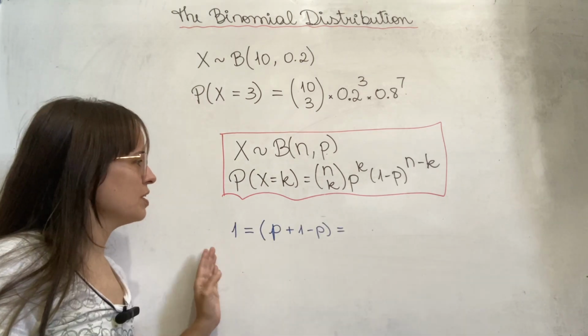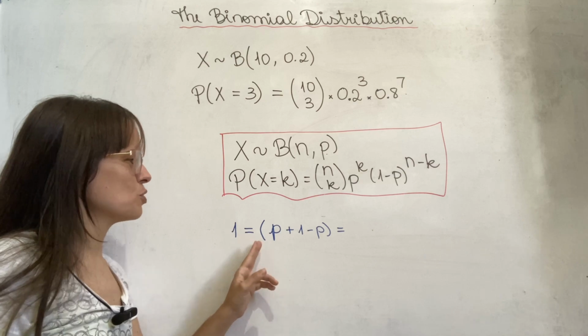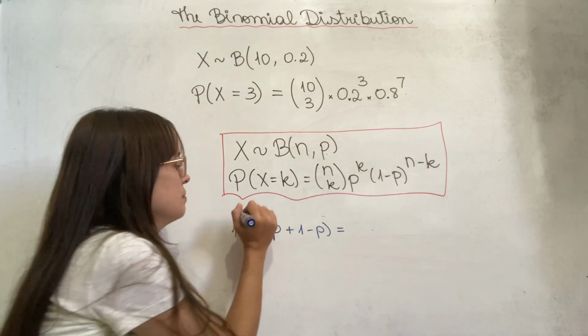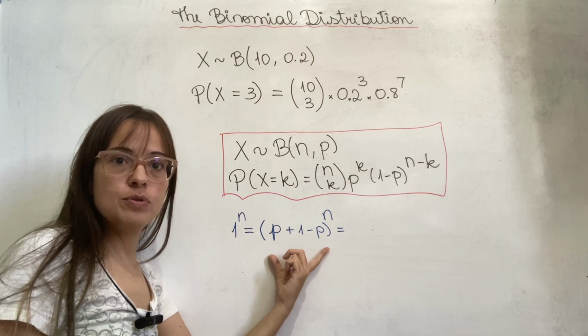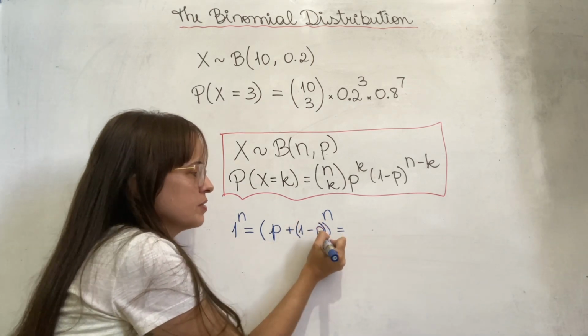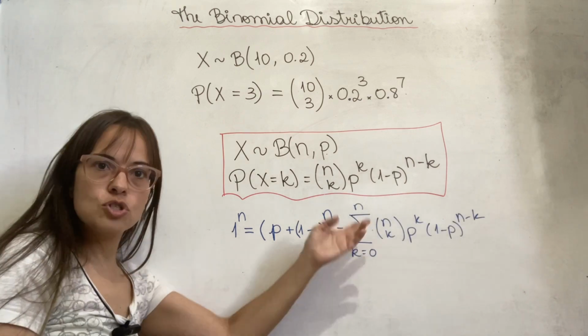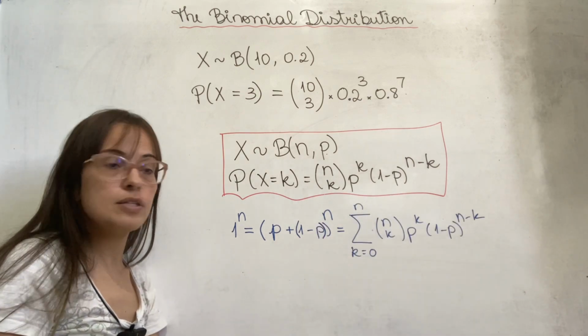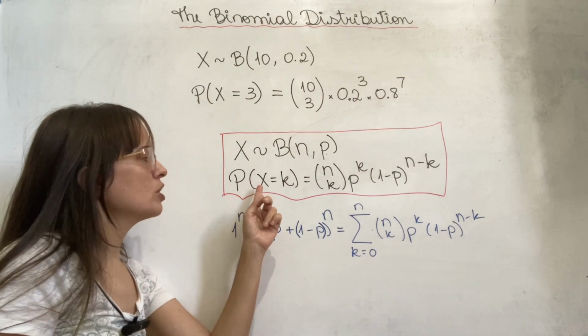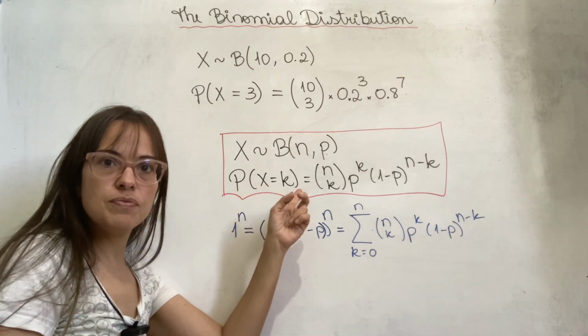In fact, you can write something silly as 1 equals p plus 1 minus p, and then you can put it to the power of n and expand that side by using the binomial theorem, where it's this thing plus this other thing here. And it's going to look exactly like that, with the sum, of course, because I'm putting all of them, not just the probability of x being a specific number.